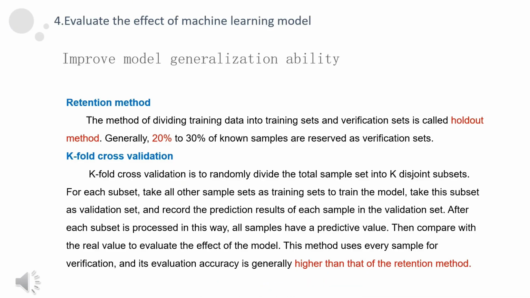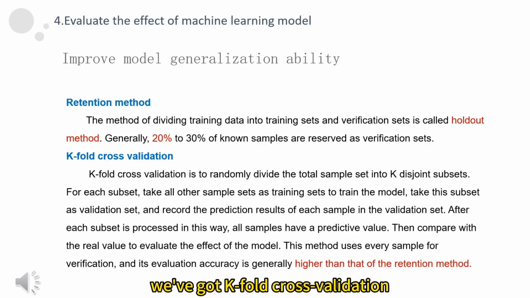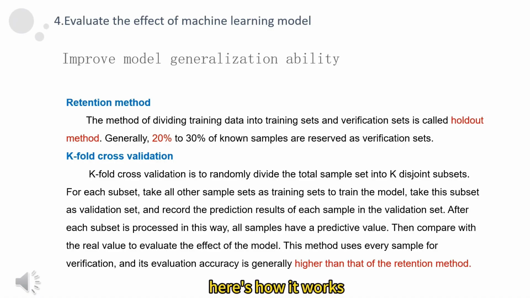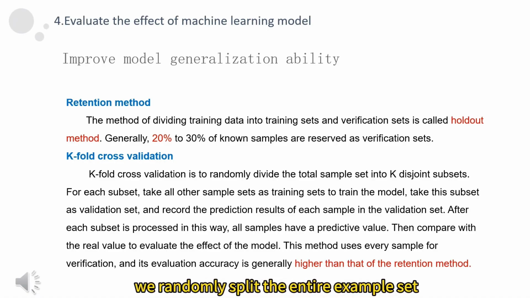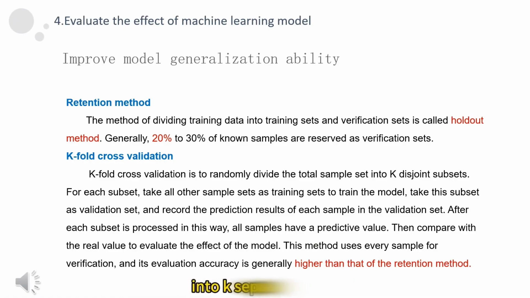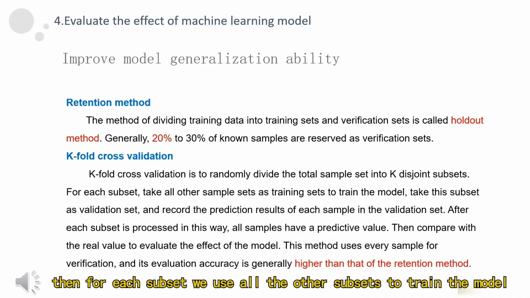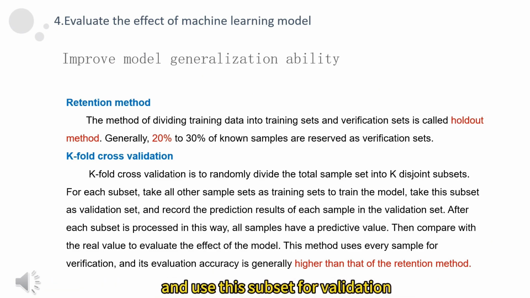Next, we've got k-fold cross-validation. Here's how it works. We randomly split the entire example set into k separate subsets. Then, for each subset, we use all the other subsets to train the model, and use this subset for validation.